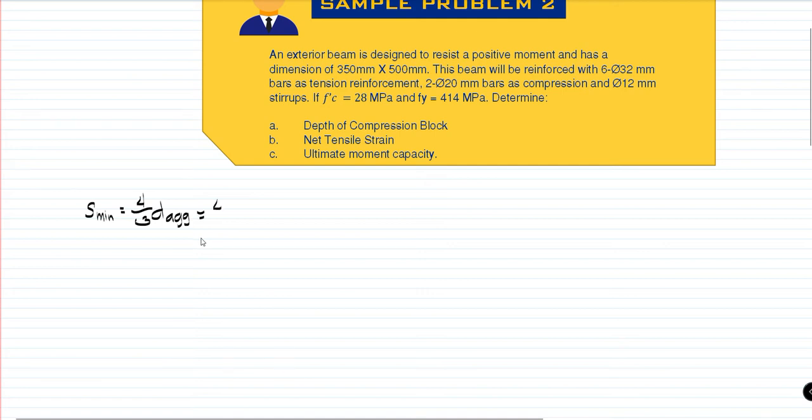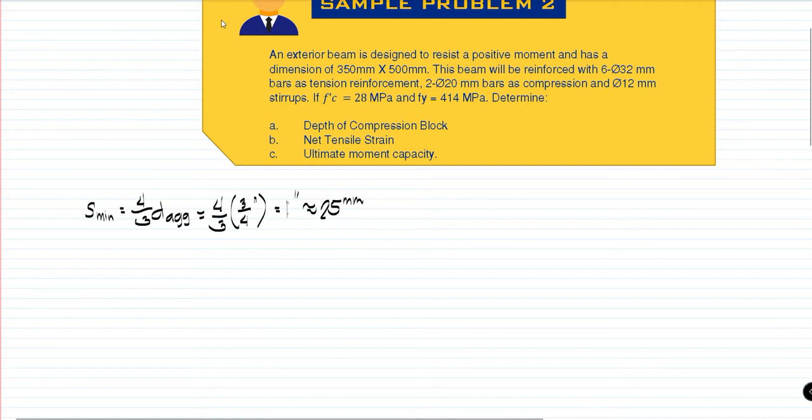So, that is 4/3 times the 3/4 inch. So, that will be a value 1 inch. Kasi nag-cancel out. So, 4 and 4, that will be 1 inch. So, approximately 1 inch is equivalent to 25 mm. So that is the first criteria for our minimum spacing.